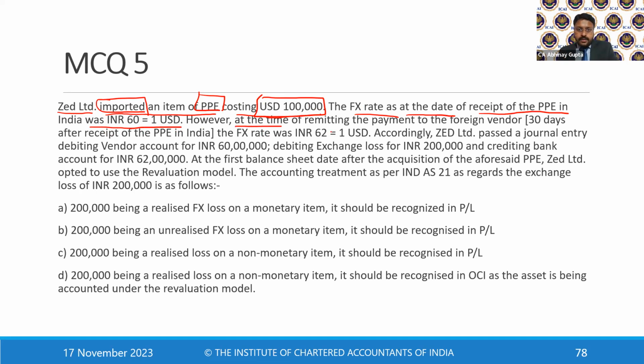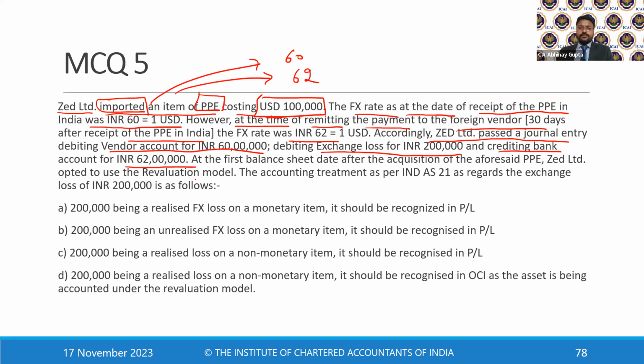However, at the time of remitting the payment to the foreign vendor 30 days after the receipt of the PP&E in India, the forex rate was 62. So at the time of purchase, the forex rate was 60. At the time of payment, the forex rate was 62. Accordingly, Z Limited passed a journal entry debiting the vendor account for 60 lakh, debiting the exchange loss for 2 lakh, and crediting the bank account for 62 lakhs.